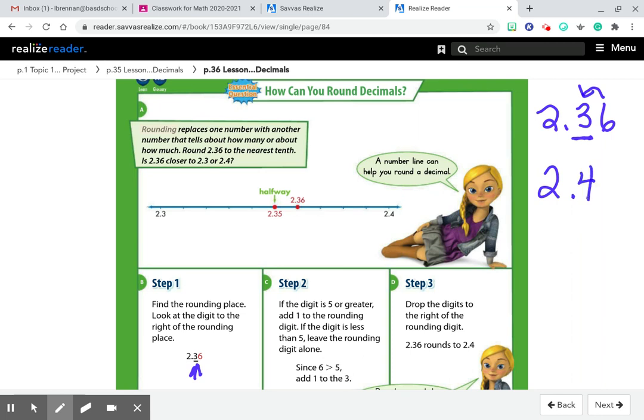So 2 and 36 hundredths rounds to 2 and 4 tenths. If you were to annex a 0 there, you would say that is the nearest hundredth. If you're rounding that to the nearest tenth, you'll get 2.4.